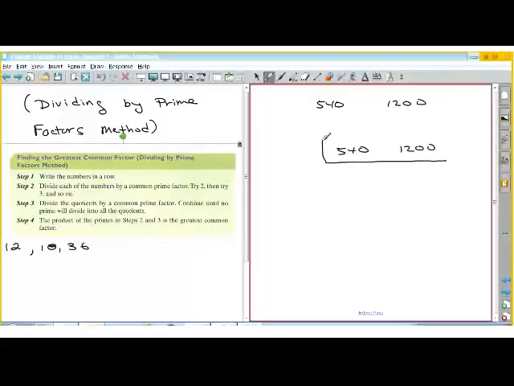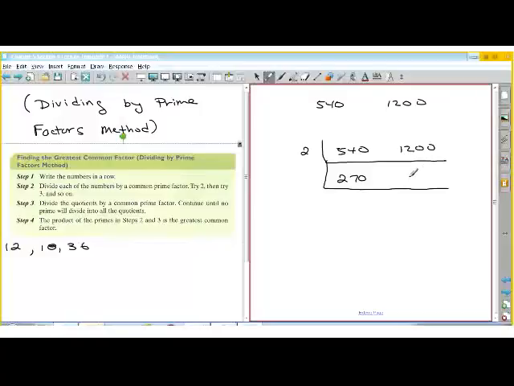And you draw like you normally do with prime factorization, but you draw it for both numbers. And it says divide each of the numbers by a common prime factor. So since they're both even, I can divide both of them by 2.